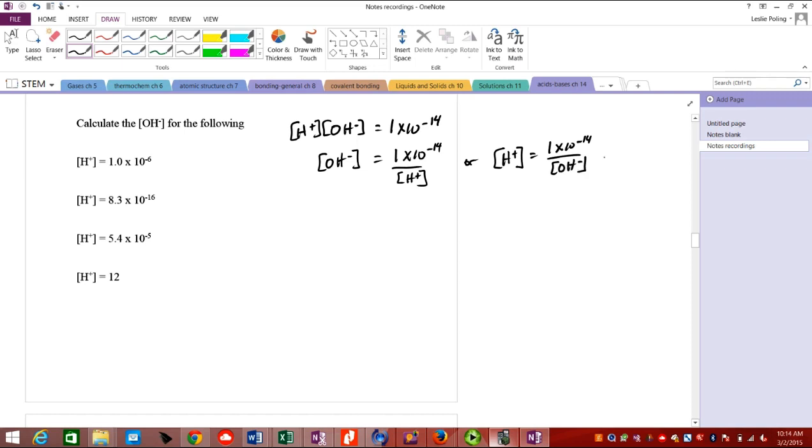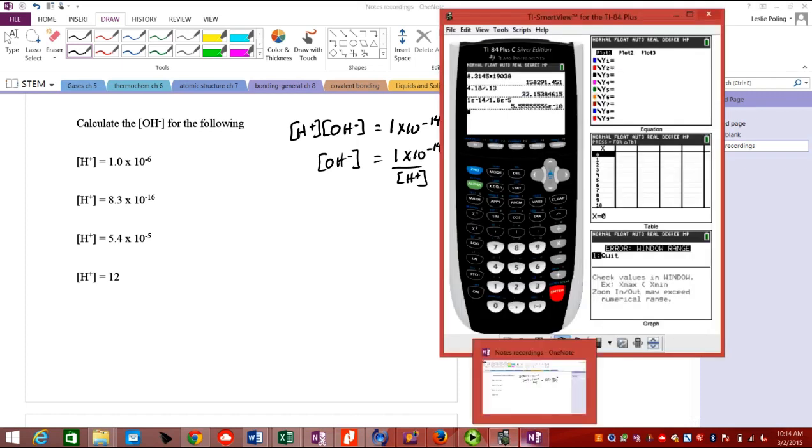So in other words, the one you want, you take 1 times 10 to the minus 14 and divide it by the one you have. So let's do these. 1 times 10 to the minus 14 divided by 1 times 10 to the minus 6. We get 1 times 10 to the minus 8.